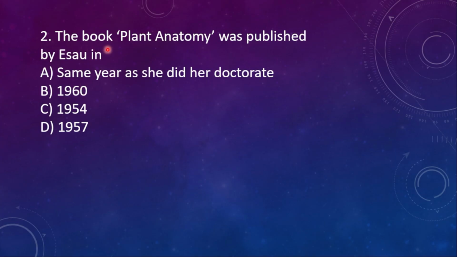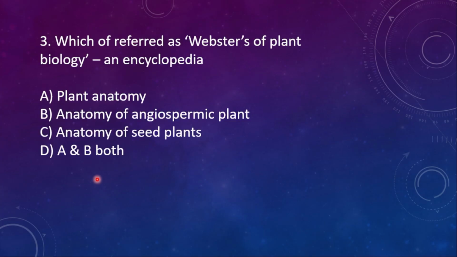Second question, the book Plant Anatomy was published by Esau in option A same year as she did her doctorate, B 1960, C 1954, D 1957, and the correct option is C 1954.